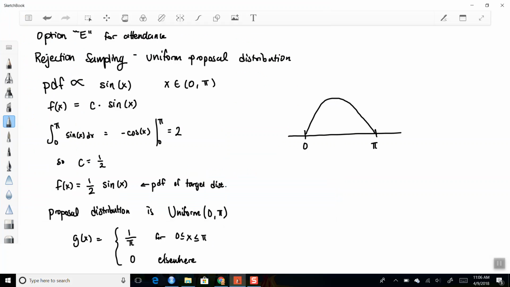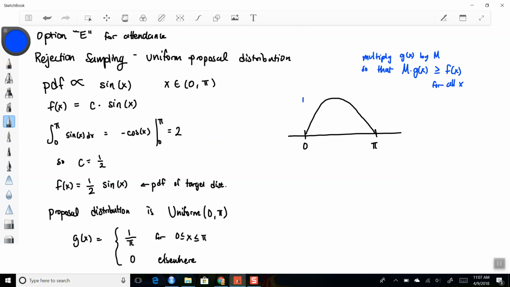And what we're going to do is, when we graph this, we multiply g of x by m so that m times g of x is always bigger than f of x for all x.